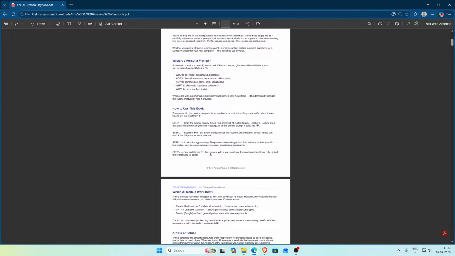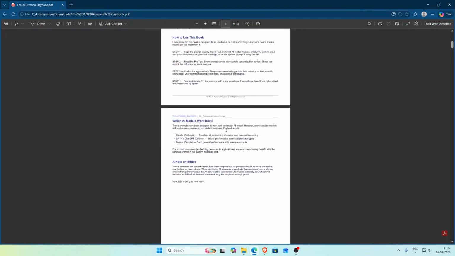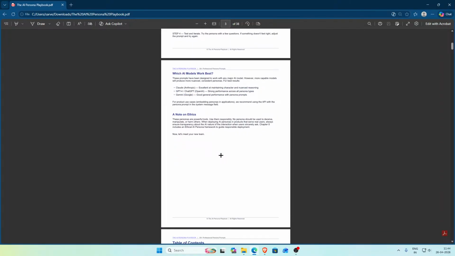You can use this in your day to day tasks or any questions you want to ask AI with these persona prompts. The book shows you how to use it, and it also mentions some of the best AI models on which these persona prompts work. I've included ChatGPT, Gemini, Claude, and these three are the top ones where you can use persona prompts.